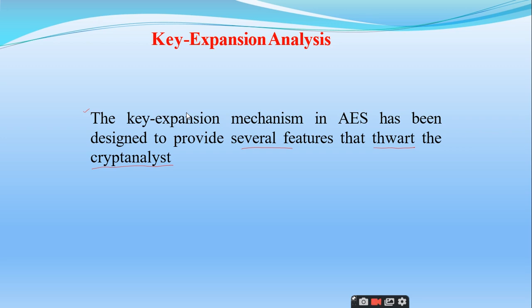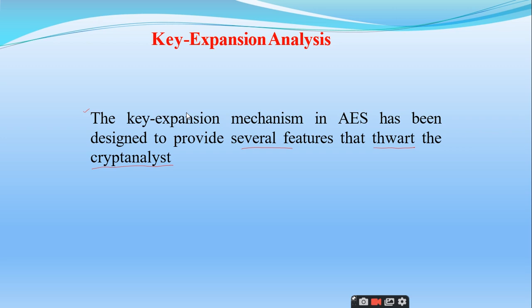In every key generation, we need to take a function which is a combination of 3 steps: rotation word, followed by substitution, followed by round constant. All these 3 steps I have explained with an example.